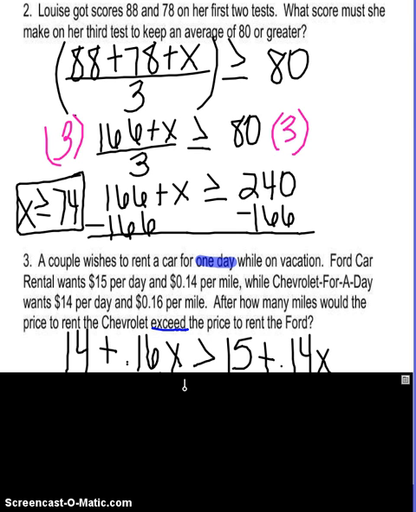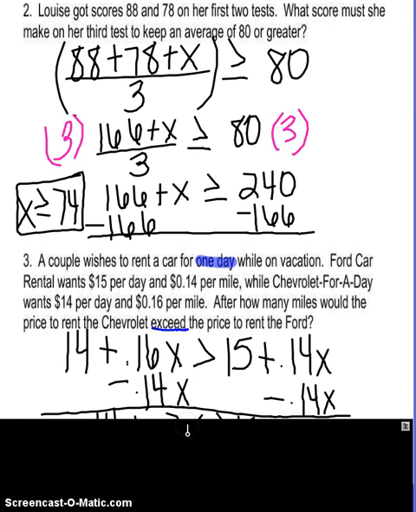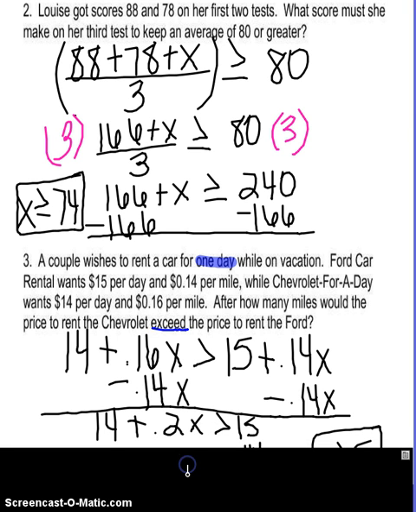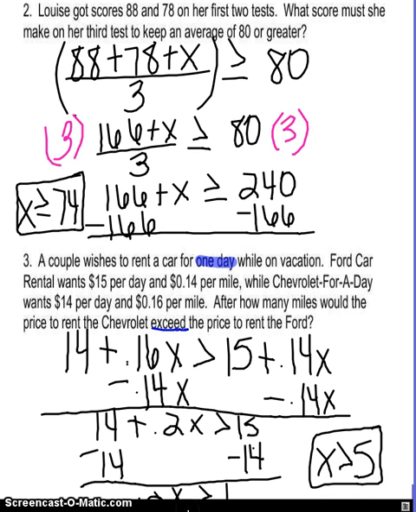So what I did is I subtracted my 0.14x from both sides, and that's going to leave me with 14 plus 0.2x is greater than 15. Now I need to move the 14 to the other side, so since it's a positive, I'm going to subtract 14 from both sides, and I end up with 0.2x is greater than 1.